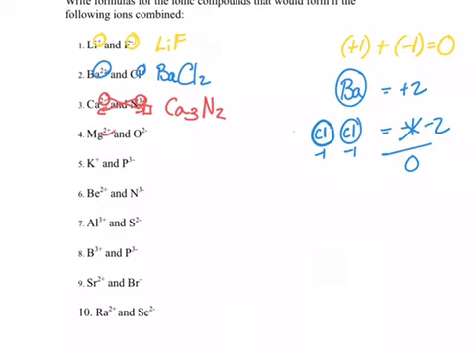So this one has +2, -2. It's already balanced, so I just need one molecule of each to have my net charge of 0. And then potassium is +1, phosphide is -3, so we'll have potassium at 3 because I just crossed it over.